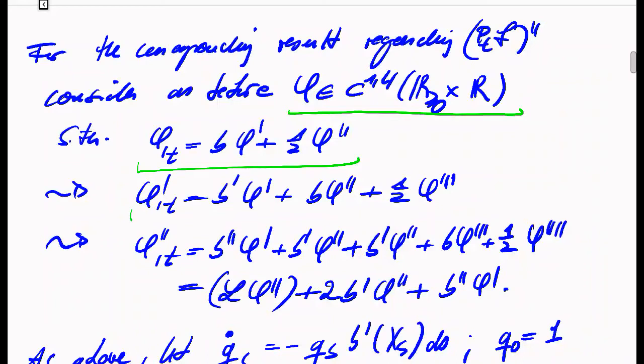Now we can take the spatial derivative of this parabolic PDE on both sides, which produces this version of a parabolic PDE, where now the combined first order derivatives in space and in time appear on the left-hand side, and the maximal degree of differentiation you have on the right-hand side will be the third order derivative in space.